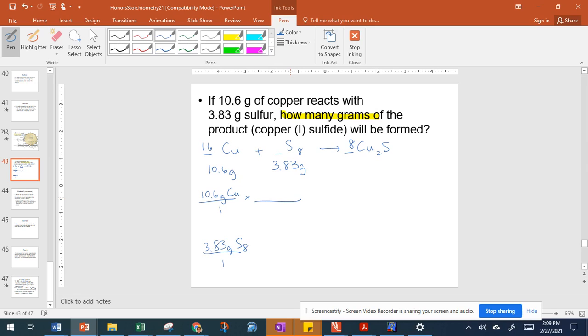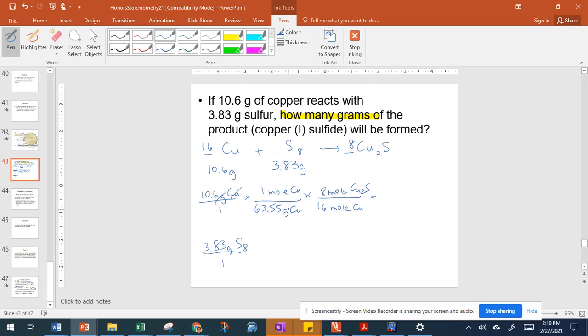We know that the molar mass of copper is 63.55. Then we need to take this to our moles of copper 1 sulfide, so we need a mole ratio: 16 moles of Cu, 8 moles of Cu2S.